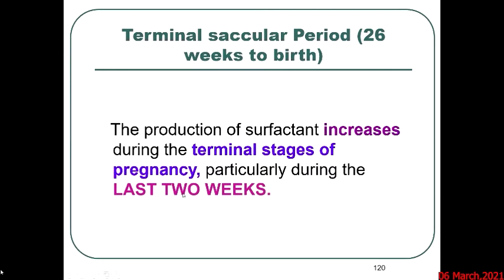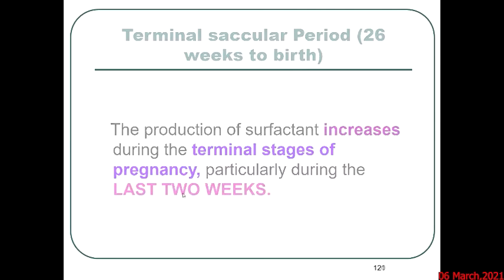So if the baby is born premature, there will be a lack of surfactant. So prematurity is a very important factor for developing respiratory distress syndrome. Then they will take the baby to the incubator for assisted respiration, and they will start to give steroids so that the surfactant is produced profusely.